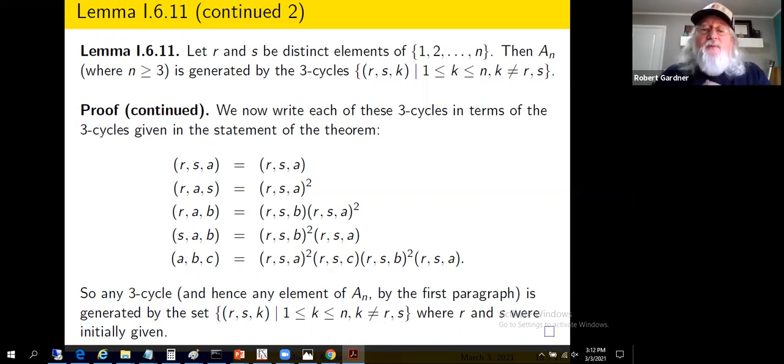Here we've shown if we only have 3 cycles of this sort for given R and S, then we can generate all 3 cycles, so we can generate A sub n with that as well, and that's the proof of that. So these kinds of 3 cycles generate the alternating group A sub n.